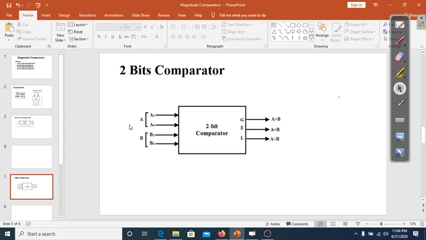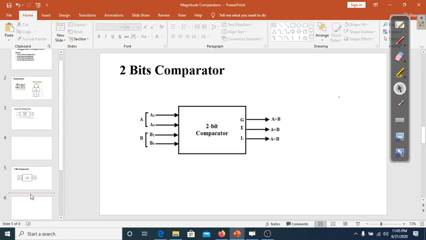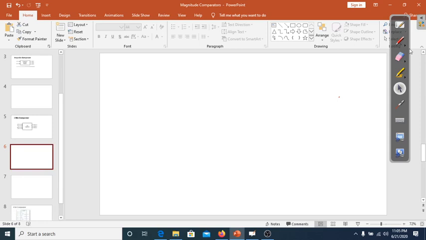Okay, let us talk about its truth table. Suppose the truth table for the 2-bit comparator.